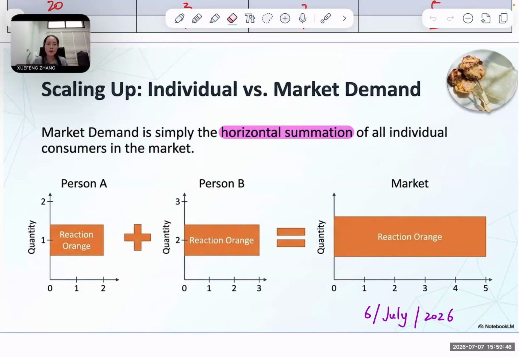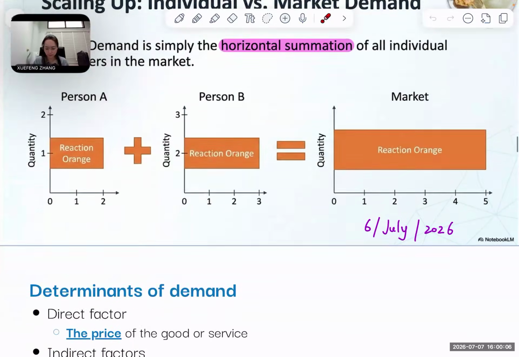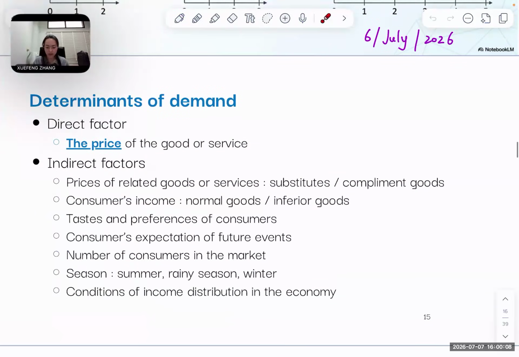Last time we talked about the individual demand and market demand, right? So the market demand is simply the horizontal summation of all individual consumers in the market. Next one is about determinants of demand.